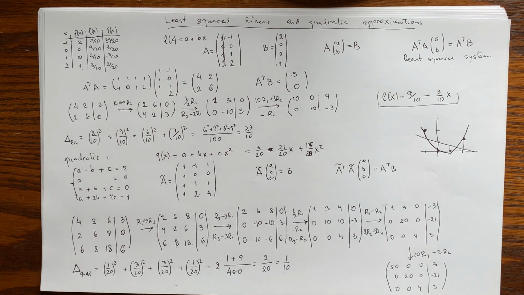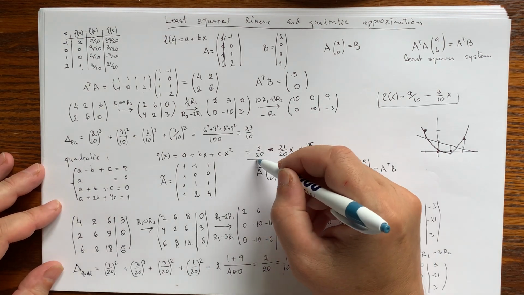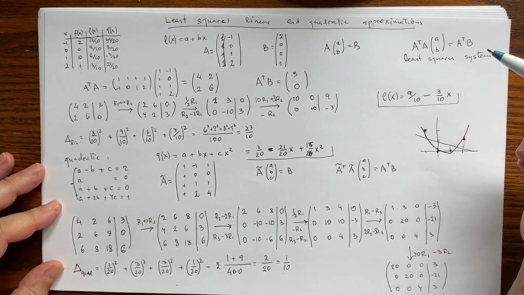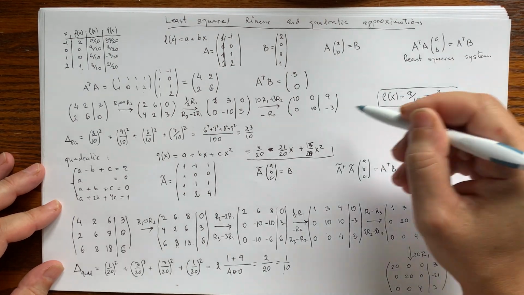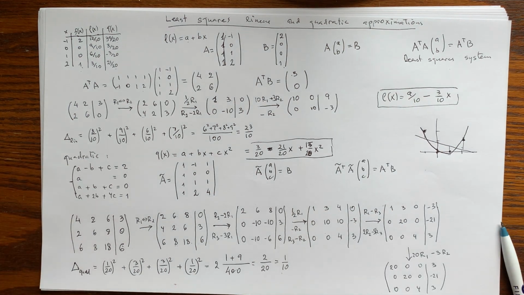In general, if we have n points and we are allowed to use degree n minus 1, we can always find a perfect fit. But for least squares and quadratic approximation, these are our answers. So we have them here for the quadratic, and for the linear one, we have it here. That is it. See you later.